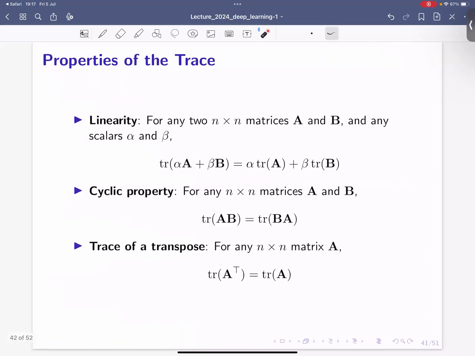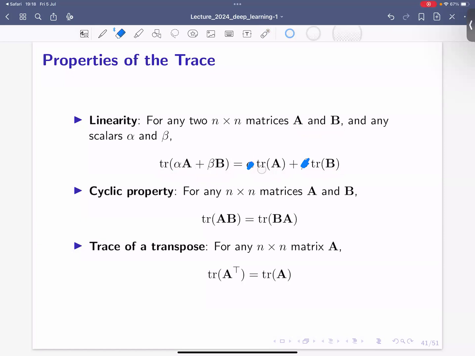The trace has some interesting and useful properties. One of them is linearity. If you take two square matrices, A and B, and two scalars, let's ignore the scalars for now. What we have is linearity, which means that the trace of A plus B is equal to the trace of A plus the trace of B. So it has a linear property.